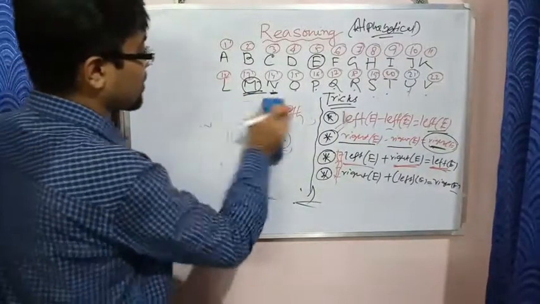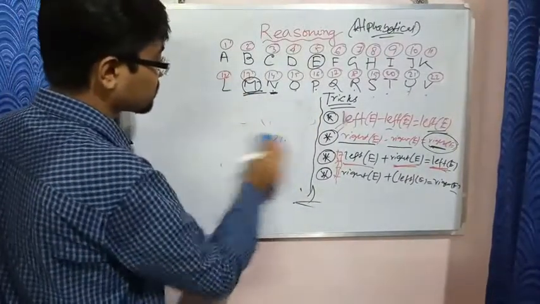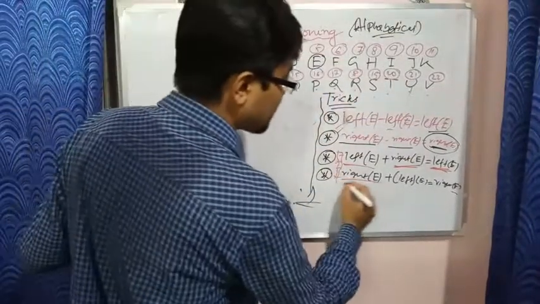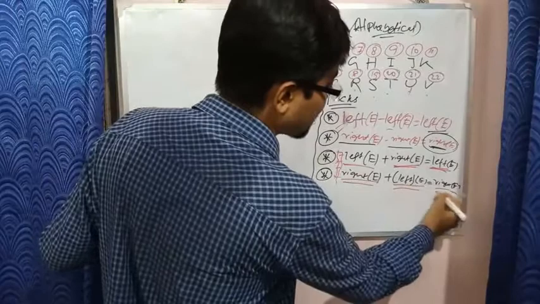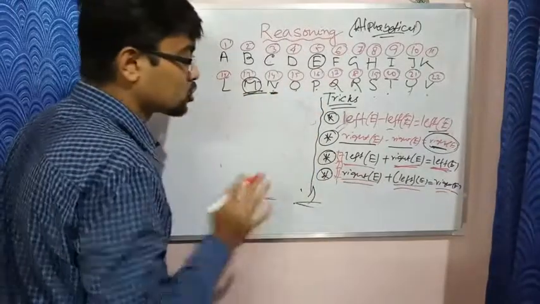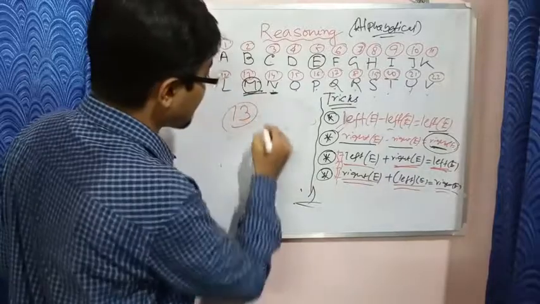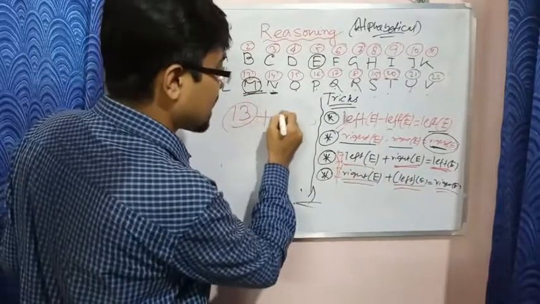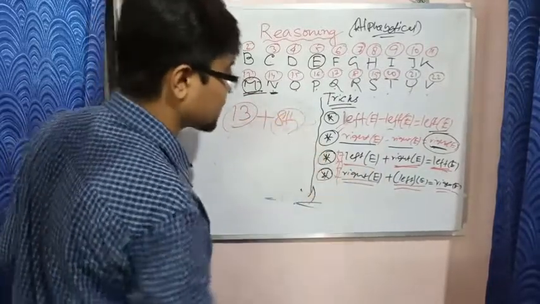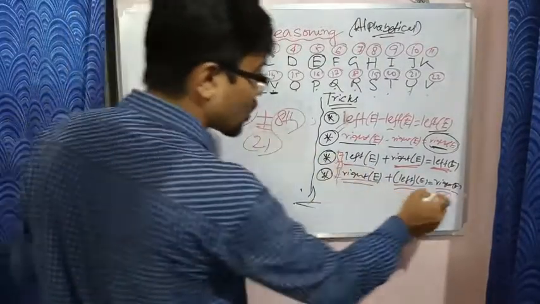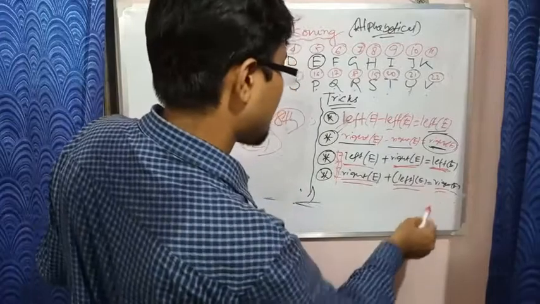Now rule number 4 says, right element plus left element is your right element. Suppose 13 is the right element and 8 is your left element. So the answer is 21, with the plus sign. So 21 is on your right side.